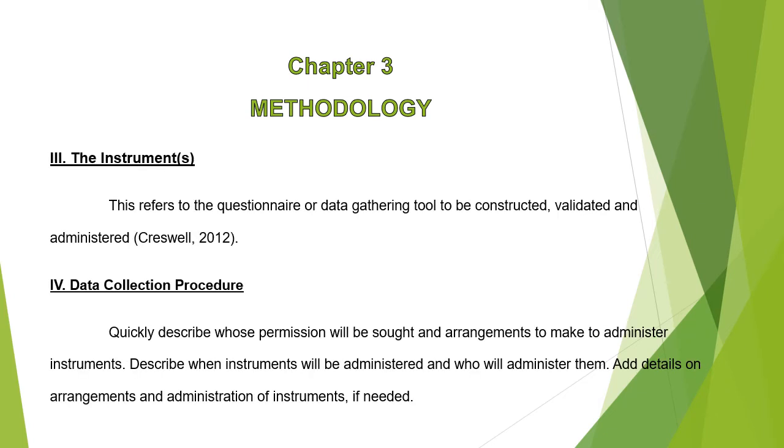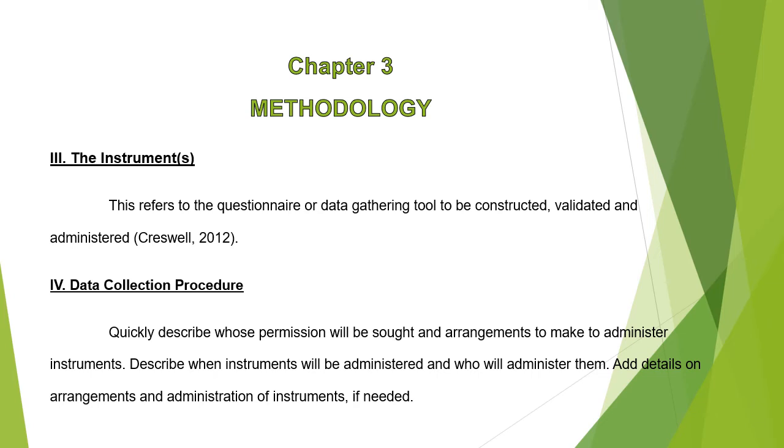Next, under methodology as well is the instrument. Now, I might ask you to come up with an instrument. Now, I am just worried that you might give me a different instrument, a musical instrument. That is why I came up with the idea of having an overview of the research study format. So, what is an instrument?